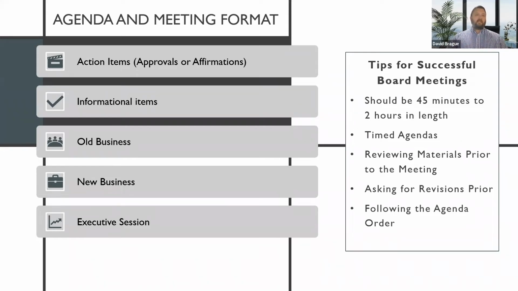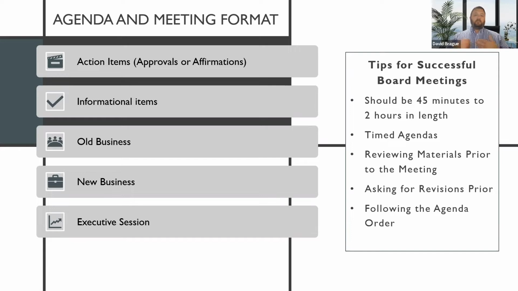So when you're mapping out the agenda, if you're talking about repaving or mill and pave of the street, you're going to set a specific time for that agenda item, such as 30 minutes of discussion, and you'll keep to that 30 minutes.